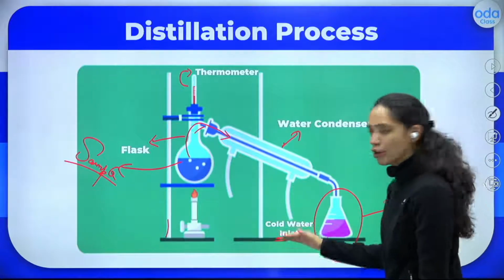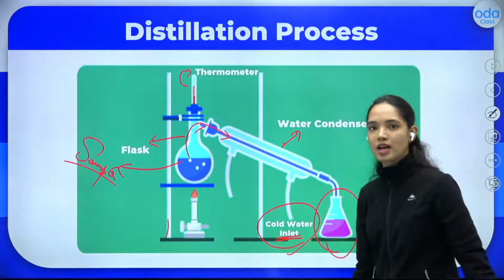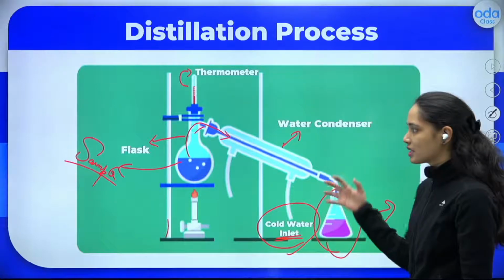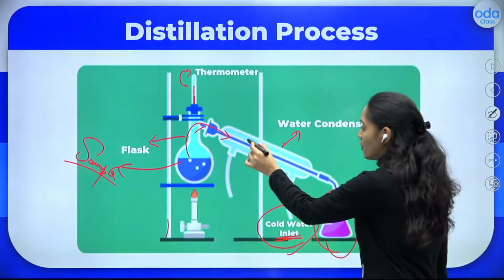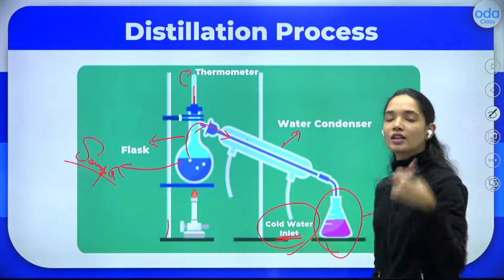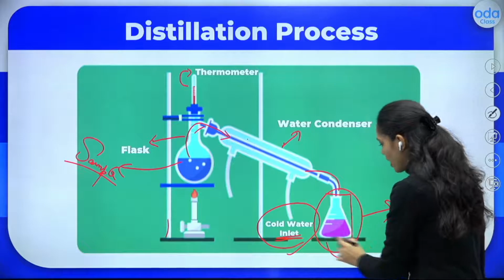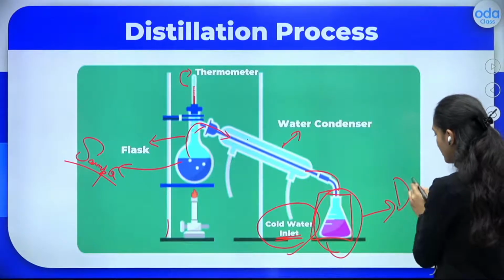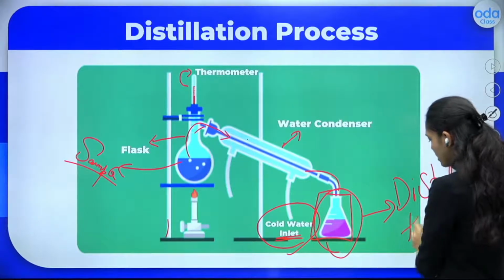From below, we start supplying cold water. This is a cold water inlet. When we start cooling this condenser, the vapors that are present here will turn back into liquid, which is collected here in this flask. This is where we collect the distilled water.